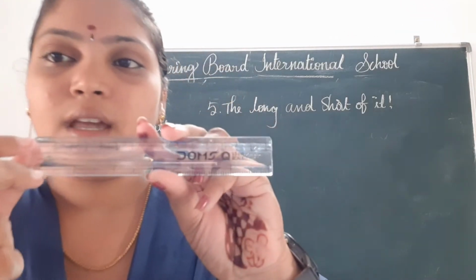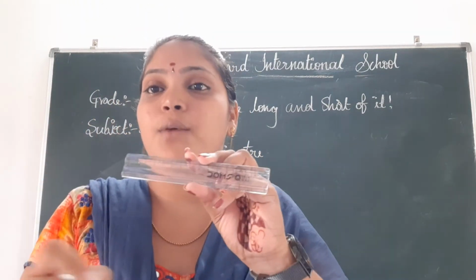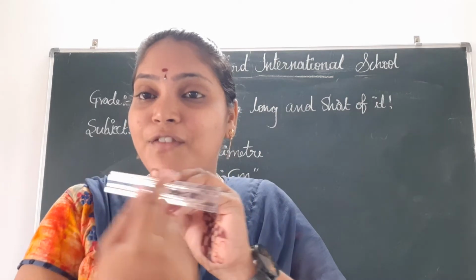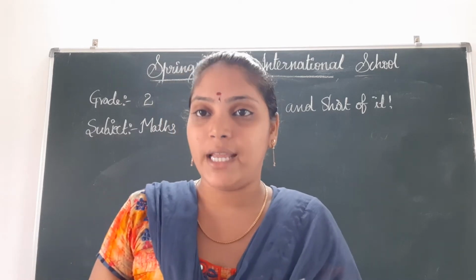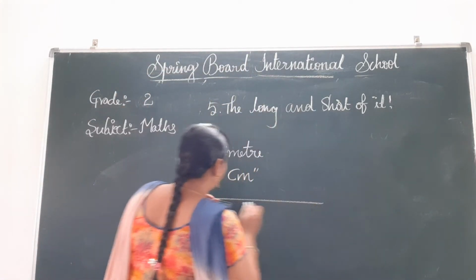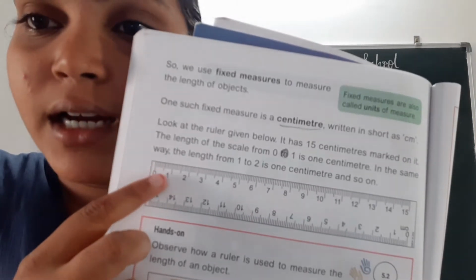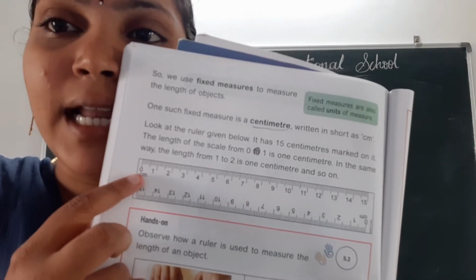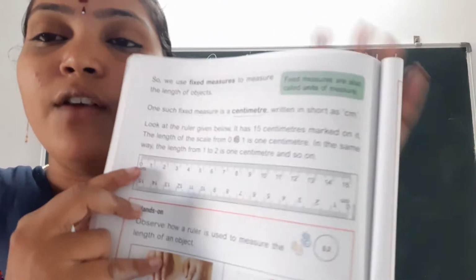First you have to check 0. Everyone take your scale and observe here. Totally 15 points are marked on this scale. The length of the scale from 0 to 1 is 1 centimeter.